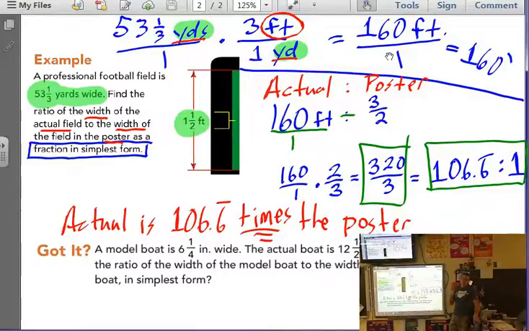But if I want to make a raw comparison of one of this compared to that, what's the multiplication, then I've got to take it down to using my 1, normally for the smaller. Because we say it would take 106 and 6 forever repeating to make, or sorry, it would take 100, let's just round this. It would take about 107 posters to do the whole field.